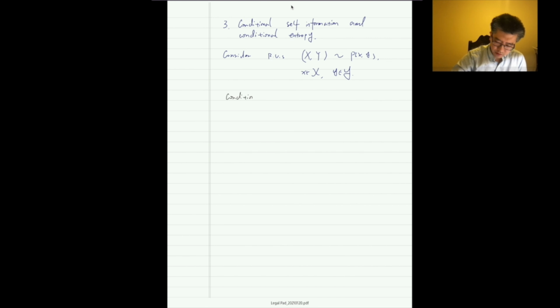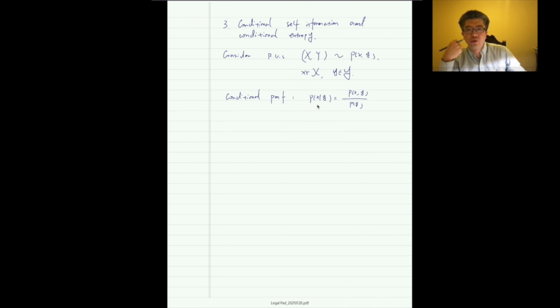You should have seen this in 3530. It uses the Bayes rule: p(x given y) equals p(x, y) over p(y). This probability means that, if you observe or are given the outcome y, what is the probability that X equals small x? It's a conditional probability, and from here we can define the conditional self-information.